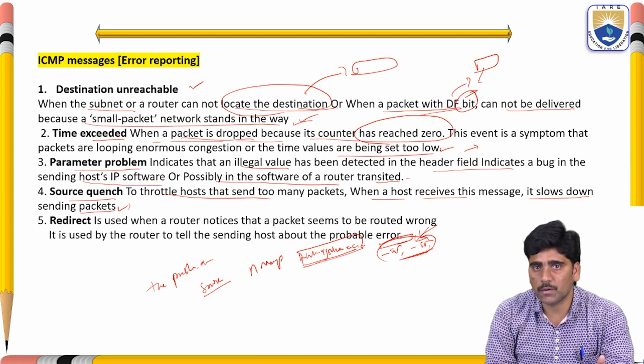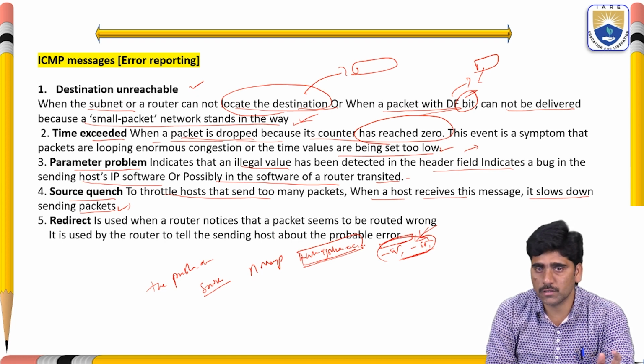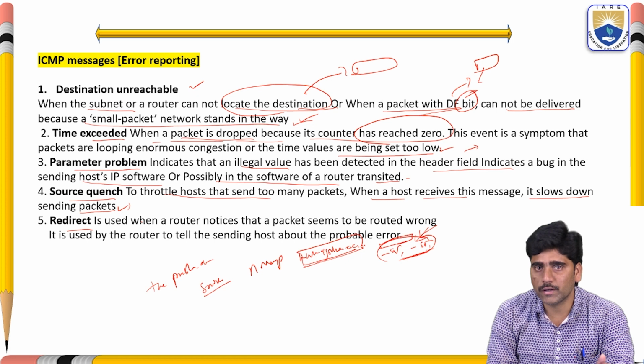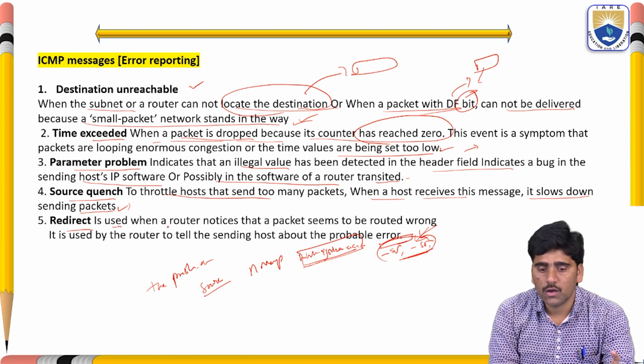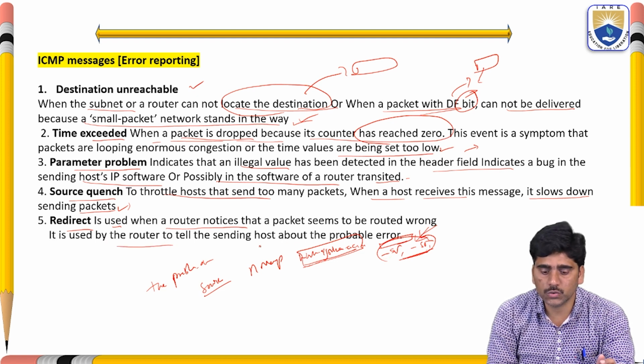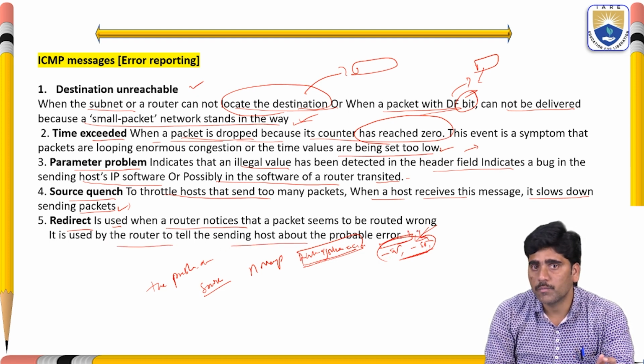Then the redirect, which is also one type of error reporting message. Redirect is used when a router notices that a packet seems to be routed wrongly. It is used by the router to tell the sending host about the probable error.